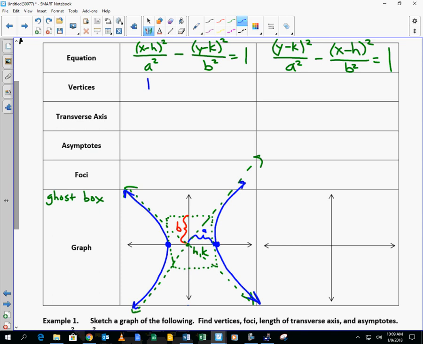Therefore, the vertices are located at h plus or minus a, and then k. The transverse axis is really the distance between those two vertices. Anybody want to take a guess at what the distance between the two vertices is? 2a.